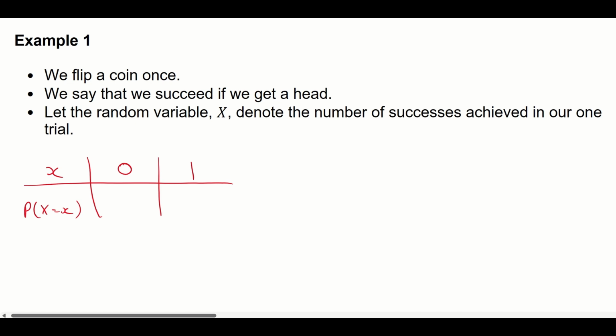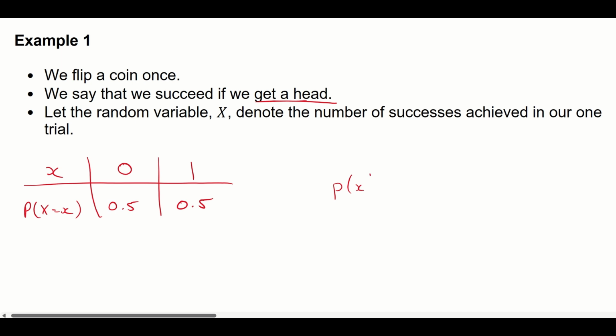So the probability that we have our one success, the probability that we succeed, is the same as the probability of getting a head. So that is 0.5. And therefore the probability that we fail would be 1 minus 0.5, or in this case, the probability that we get a tail, however you want to think of it, would also be 0.5. Now this may also be written another way.